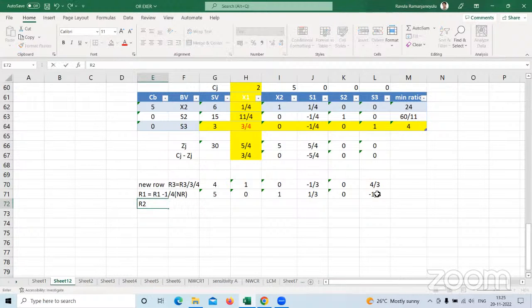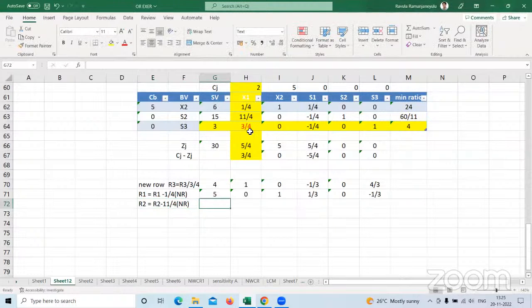Row 2 is equals to row 2 minus the key element, 11 by 4, into new row value. We go with that one. 15 is the old value minus 11 by 4 into 4.